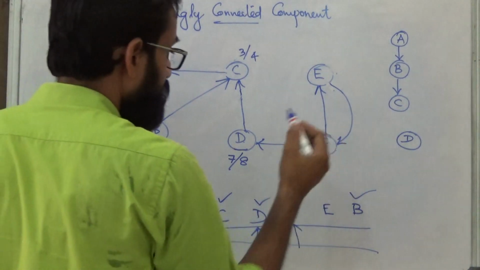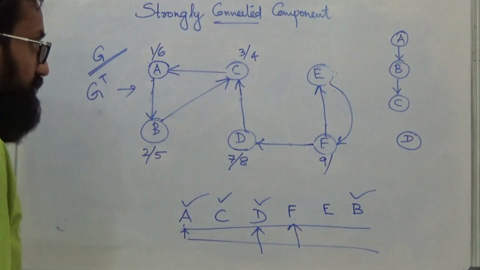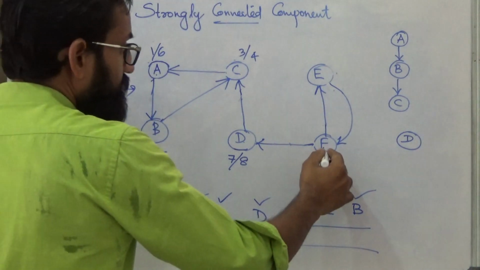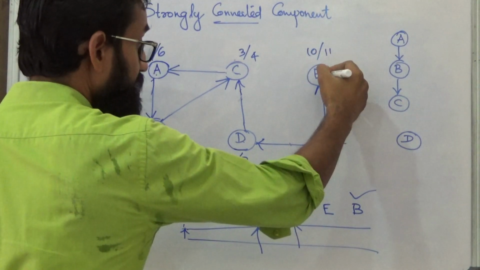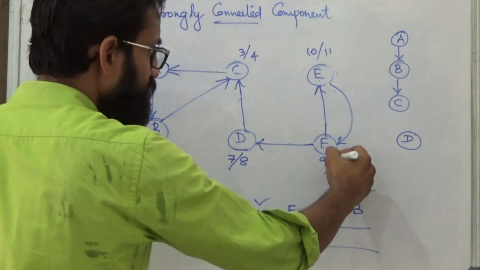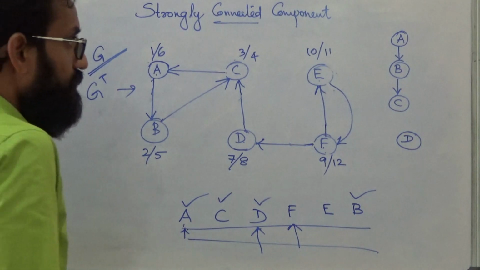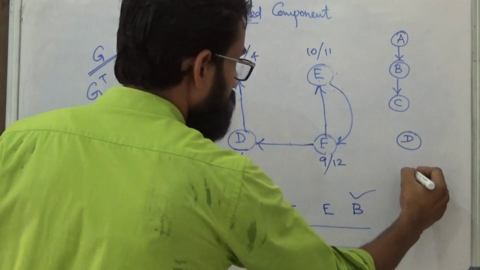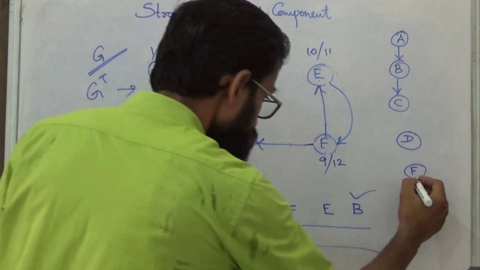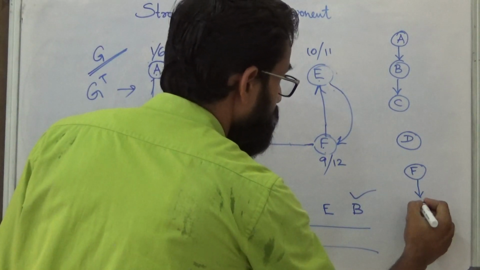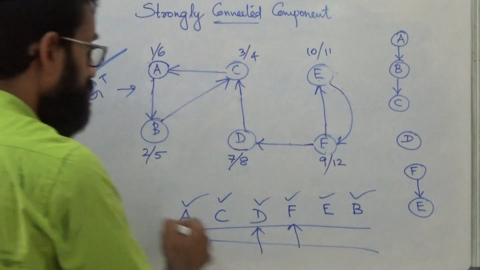So you start from F. At time t equal to 9 you invoke DFS visit. From here you go to E at time t equal to 10. At time t equal to 11 you finish E. Backtrack to its predecessor. At time t equal to 12 you finish F. So you get the tree rooted at F, with one child, that is E. So you have completed visiting all the nodes in the sequence.